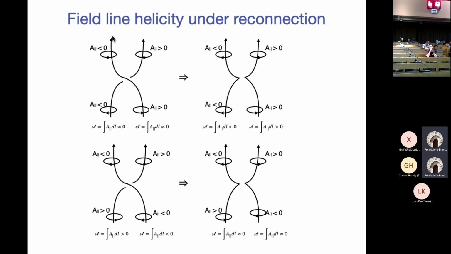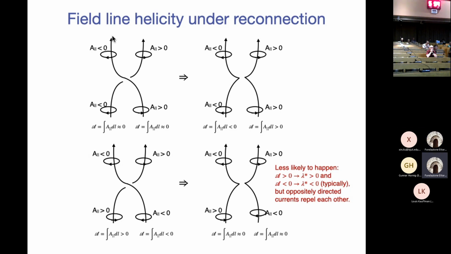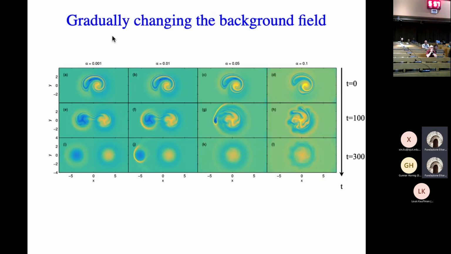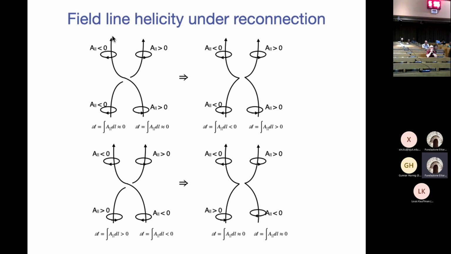However, if these are twist regions, then this second process is much less likely to happen. And why is that? Because, oops, sorry. This twist here, both negative on the same field line, means that there should be a current along this field line, a negative current.